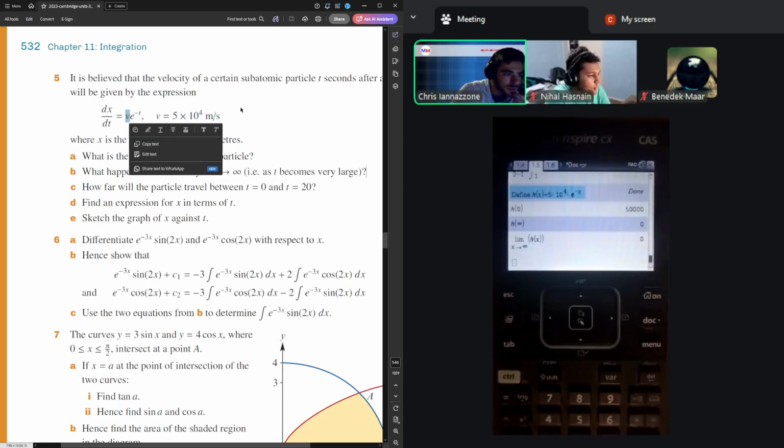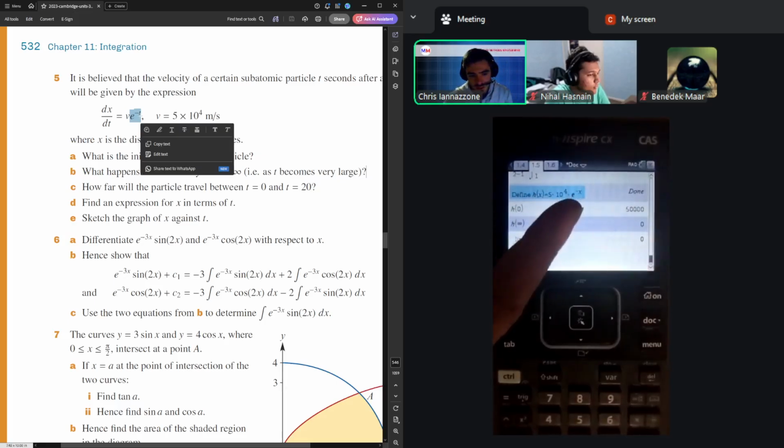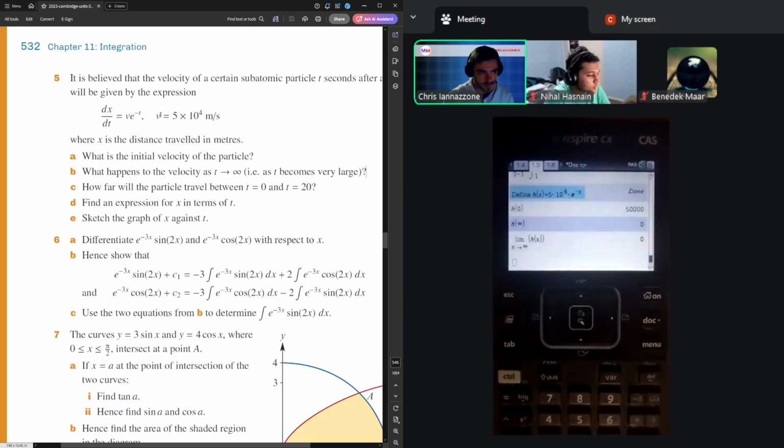They just didn't want to write 5 by 10 to the 4 on that for some reason. So the function itself is v times e to the minus t. The v part is the 5 by 10 to the 4, multiplied by e to the minus t, which in my case I've written as e to the minus x instead. Is that a bit clearer?